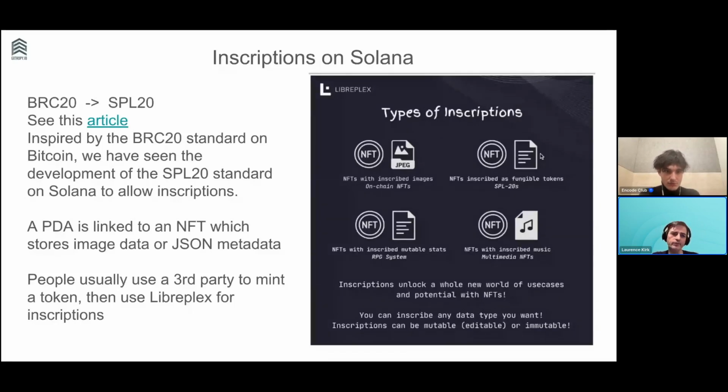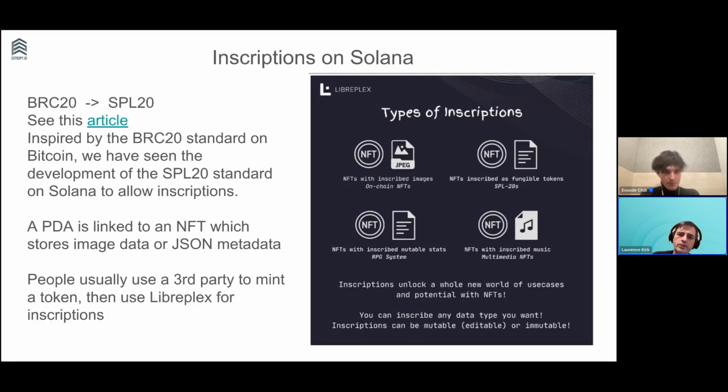So the top 2 are what I've just described, and then we also have this potential that even if we're bringing the asset on chain and we're storing this in an account, it doesn't mean that it's immutable. So we have the idea of mutable inscriptions as well as immutable ones. This is something that the user can choose. And then also, because this is a digital asset, what you actually want that asset to be is really up to you. Again, the cost of storing this is probably going to be a factor in what you would actually use, but you could have some kind of multimedia as well.